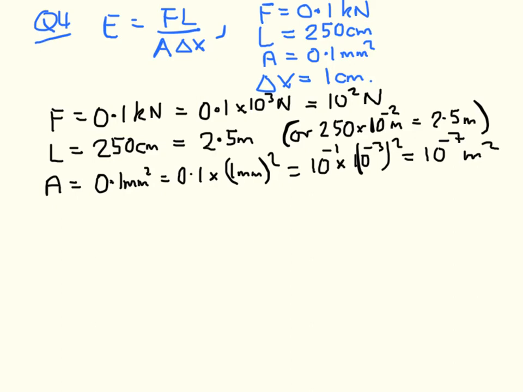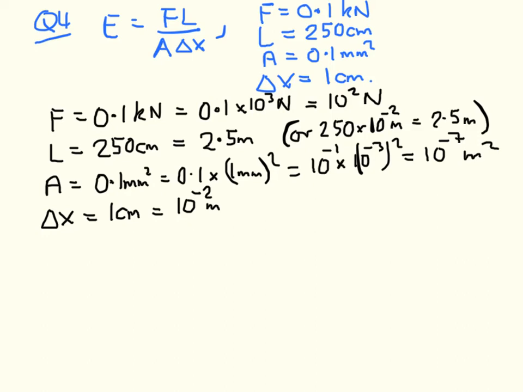So in this last step, this was the key step, going from square millimeters to square meters, and then we just multiplied the powers of 10 to tidy things up. And then finally delta x is 1 centimeter, and a centimeter is 10 to the minus 2 meters, because a centimeter is a 100th part of a meter.